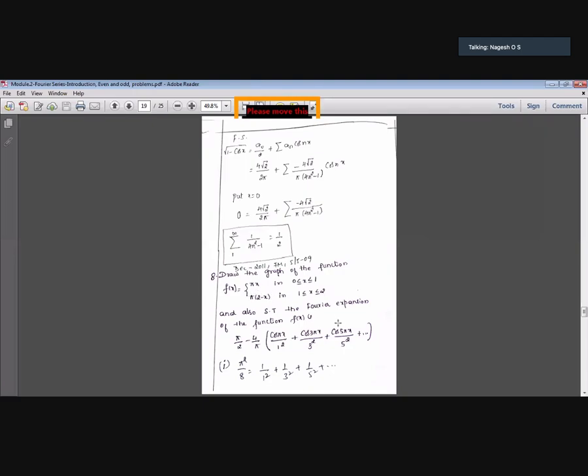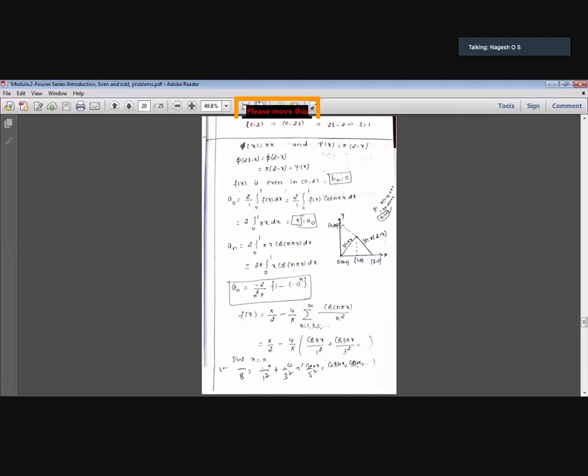When you take x as 0, I will write and I will show. y equal to pi into 2 minus x. Put x equal to 0. When x equal to 0, y equal to 2 pi.